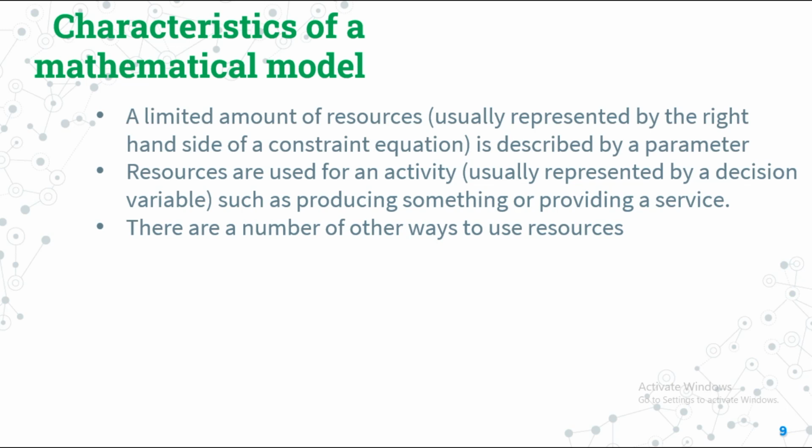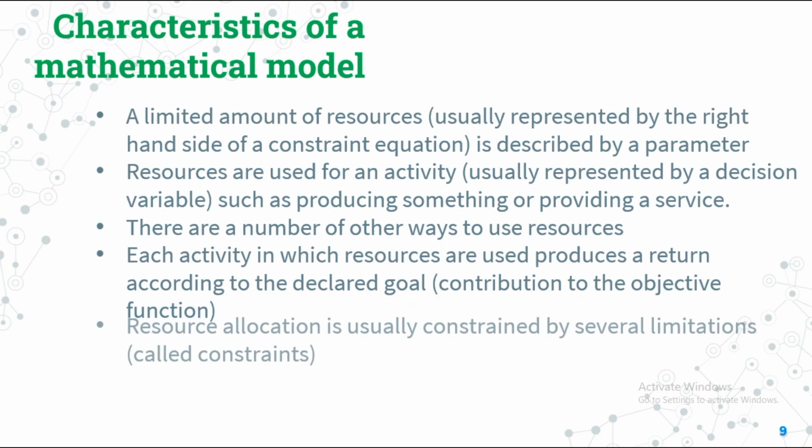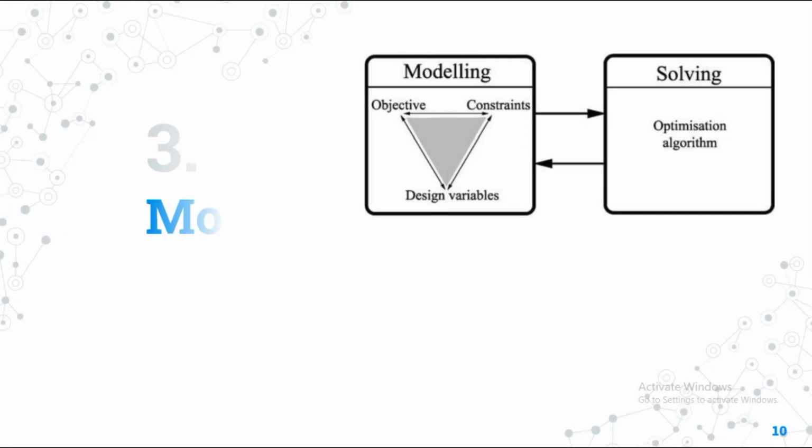There are a number of other ways to use resources. 4. Each activity in which resources are used produced a return according to declared goal, contribution to the objective function. Resources allocations is usually constrained by several limitations called constraints.